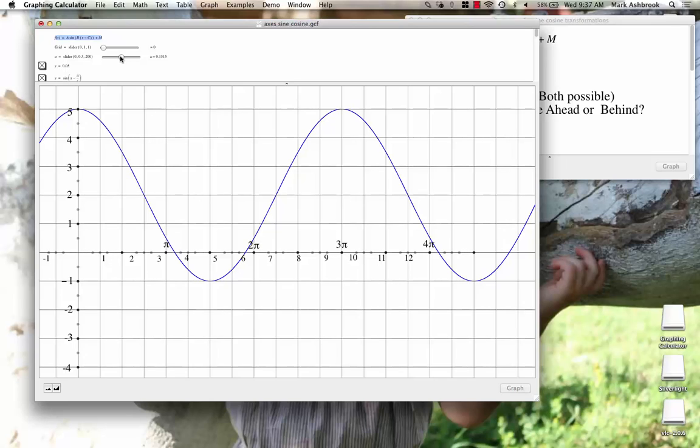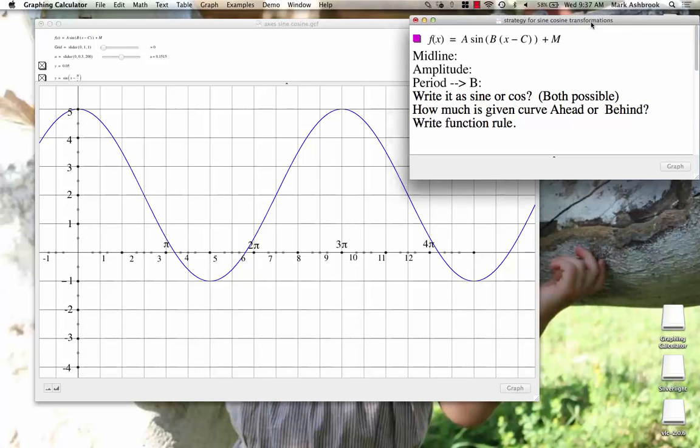Okay, so the first thing we have to do is the midline. What's the midline? The midline is halfway between the max and the min, and we know that's the vertical shift of our original sine or cosine graph. So we can write down what the max and min are first, and from that we get the midline.